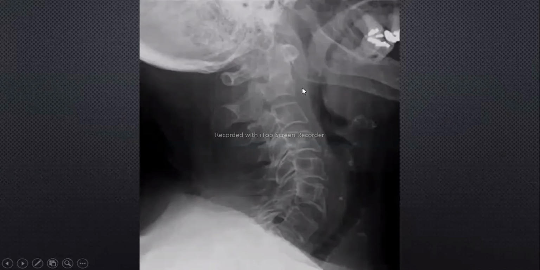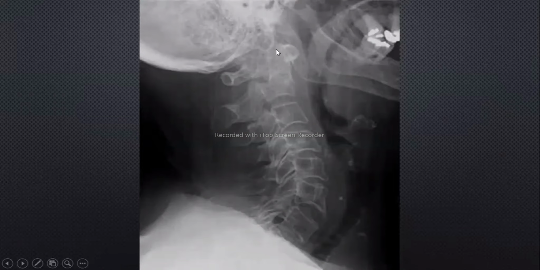What is the diagnosis here, guys? Can you see the alignment? Yes. There is a disruption here. So is this a horizontal fracture or a vertical fracture? Horizontal fracture.